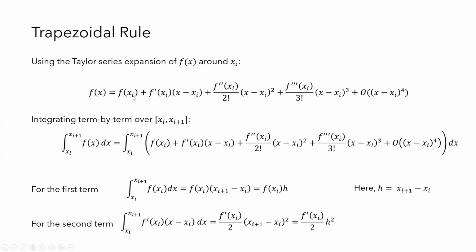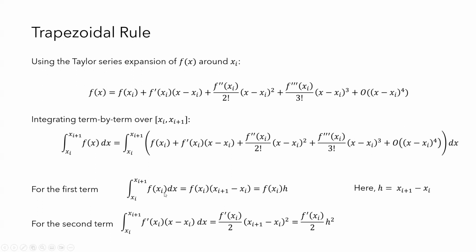So the middle value, the centered value, is xi. And then we integrate f of x from xi to xi plus 1 with respect to dx, and so we can integrate each term in the right hand side. So this is the first term, and this is the second term, and this is the third term, and so on.